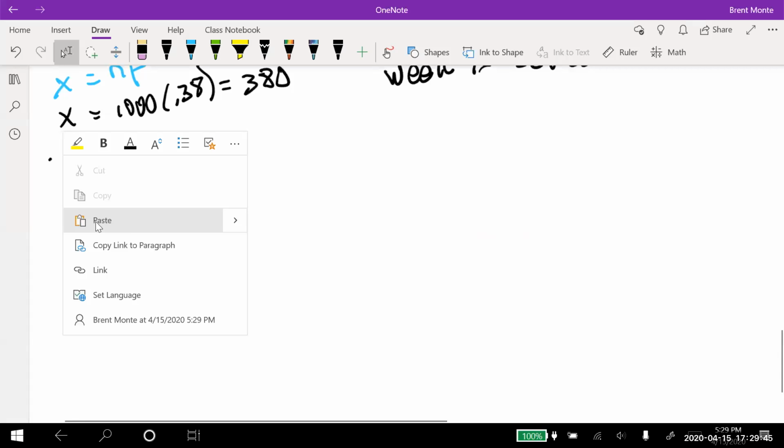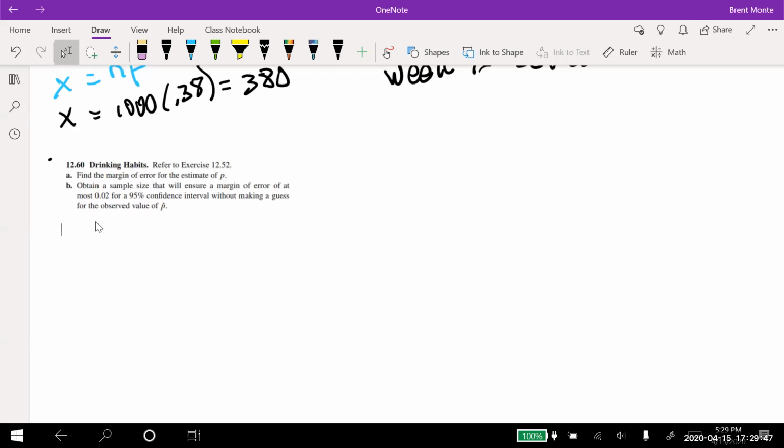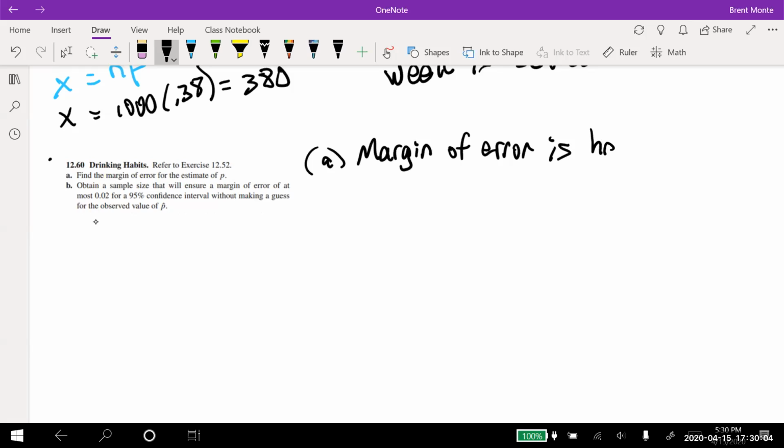Okay. So notice it says refer back to the problem we just did, 1252. A says find the margin of error for the estimate of P. So on A, remember margin of error is half the confidence interval.